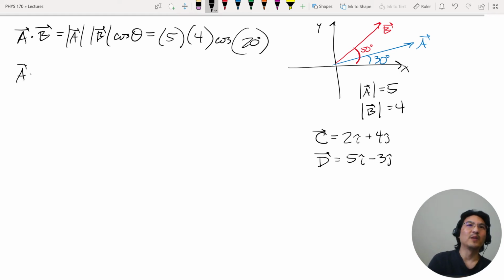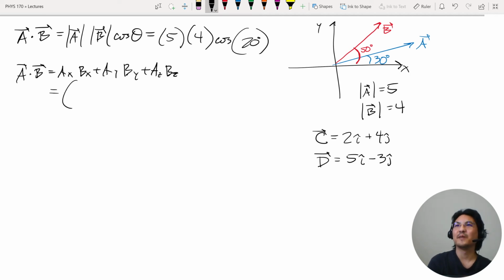I mean, you could, if you want, use this definition. For example, what is Ax? 5 cosine 30. What is Bx? 4 cosine 50.